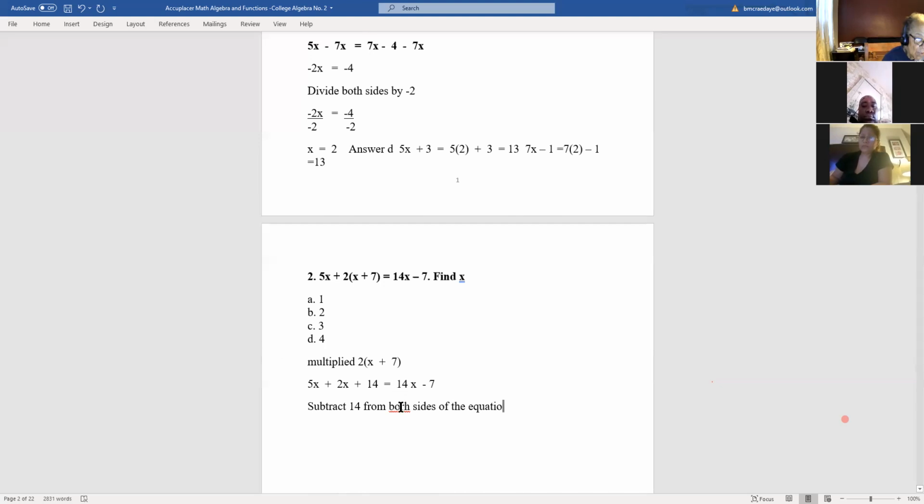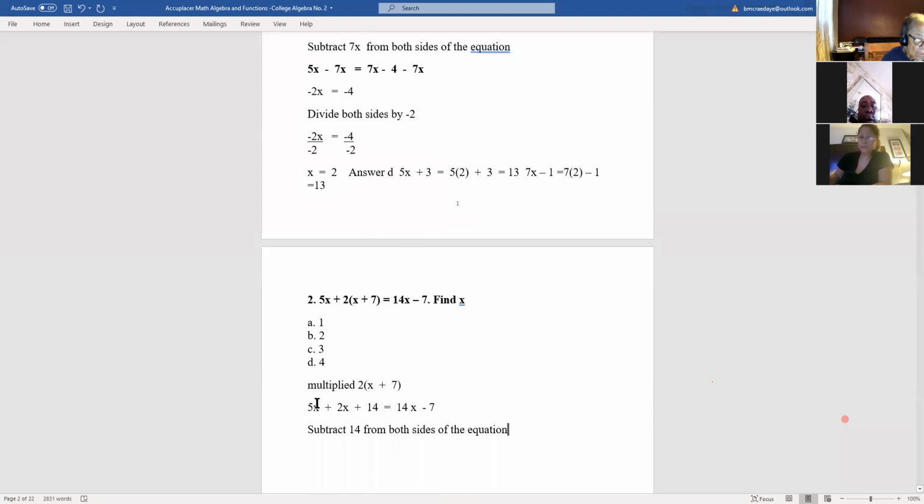Let's write this and do our subtraction and see what we have left.